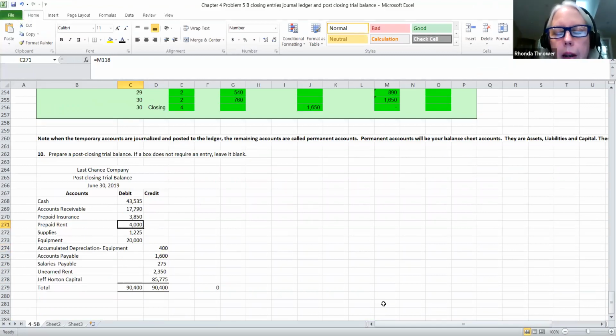So I know, class, that this is a very long problem, but it takes you through all the steps of the accounting cycle, which is so important for you to know how to do, because the remaining chapters, we're just going to add to what you know from chapters 1 through 4.